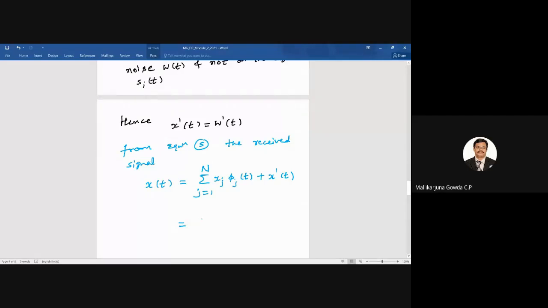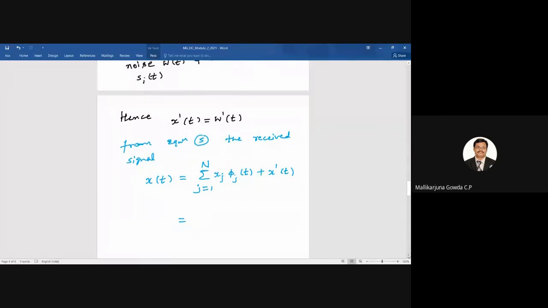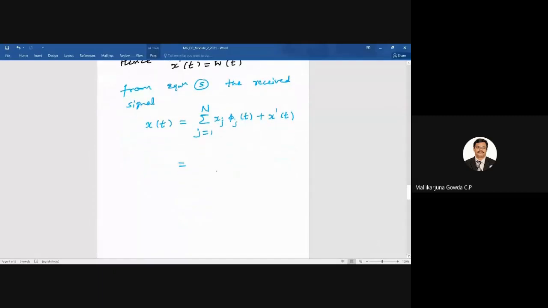So x of t is equal to summation j is 1 to n xj pi j of t plus w dash of t, and we know what w dash of t is.